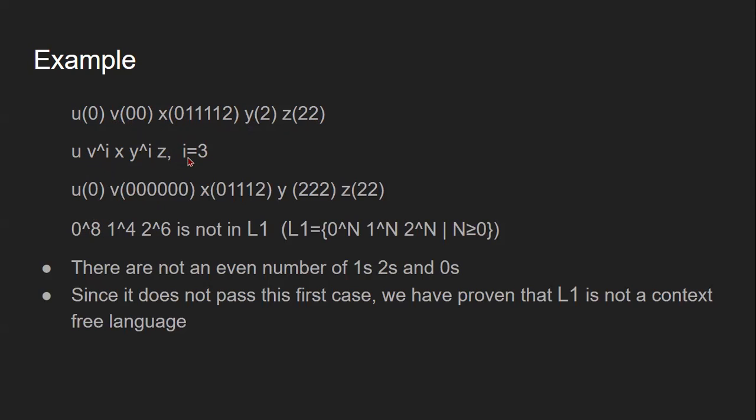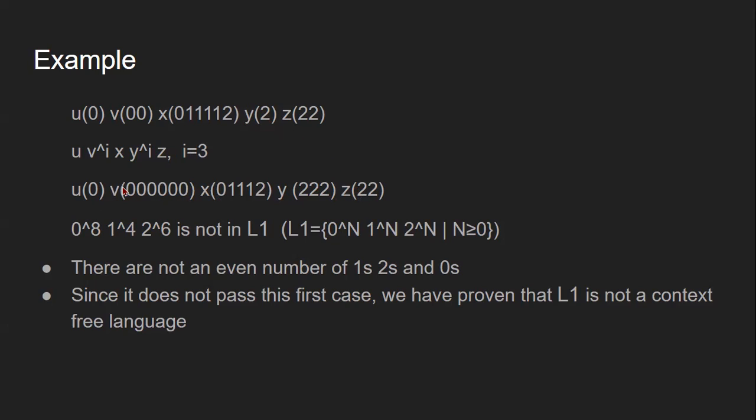And then with i equal to 3, we'll end up having 6 zeros. X will remain the same. And in Y with i equals 3, we will have 3 twos rather than 1. And then for Z, we'll have the same, which is 2 twos.